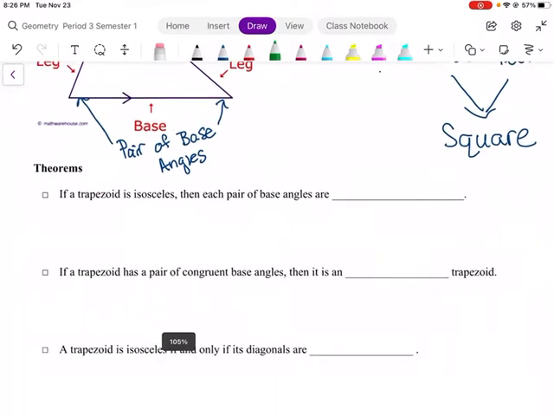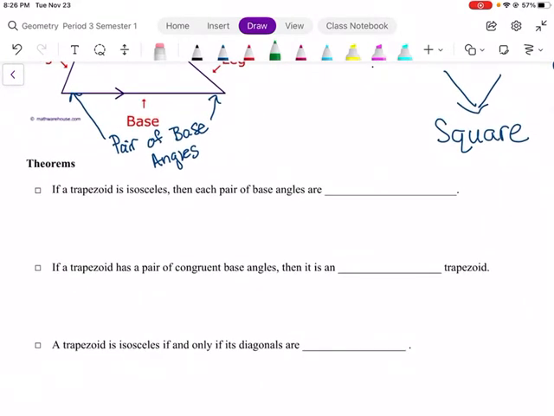Okay, so we have some theorems working with trapezoids. If a trapezoid is isosceles, then each pair of base angles are congruent to each other. If a trapezoid has a pair of congruent base angles, then it is an isosceles trapezoid.